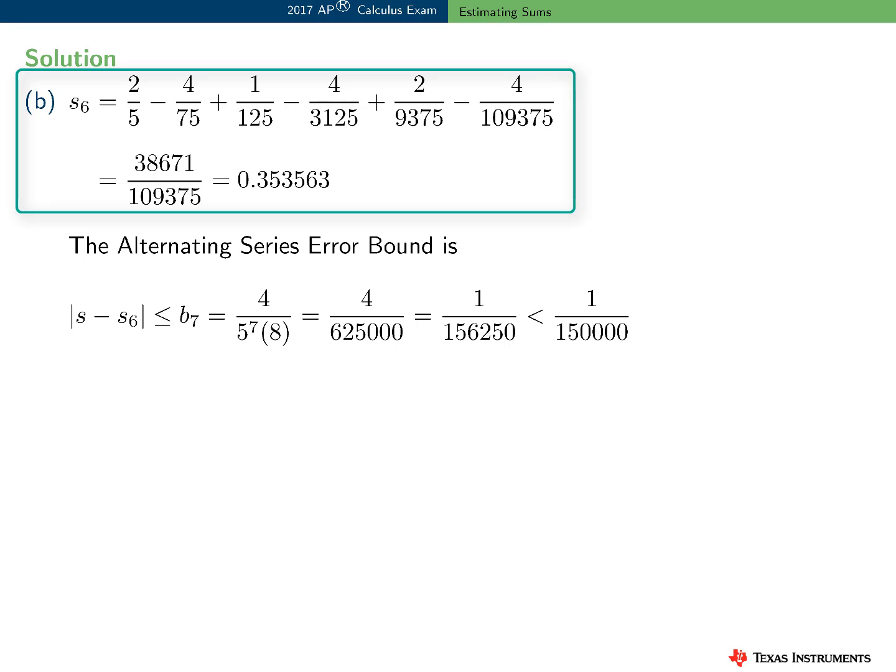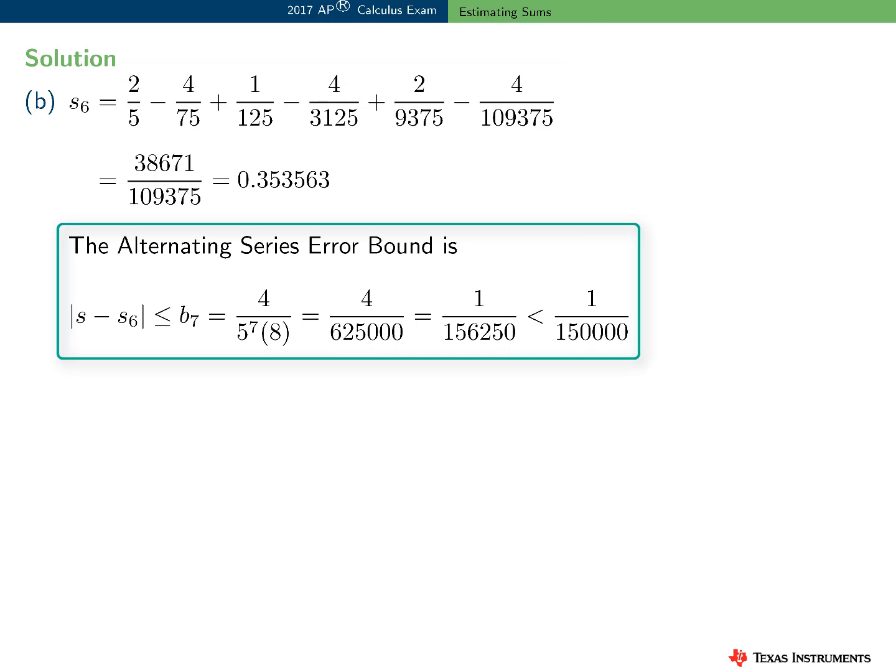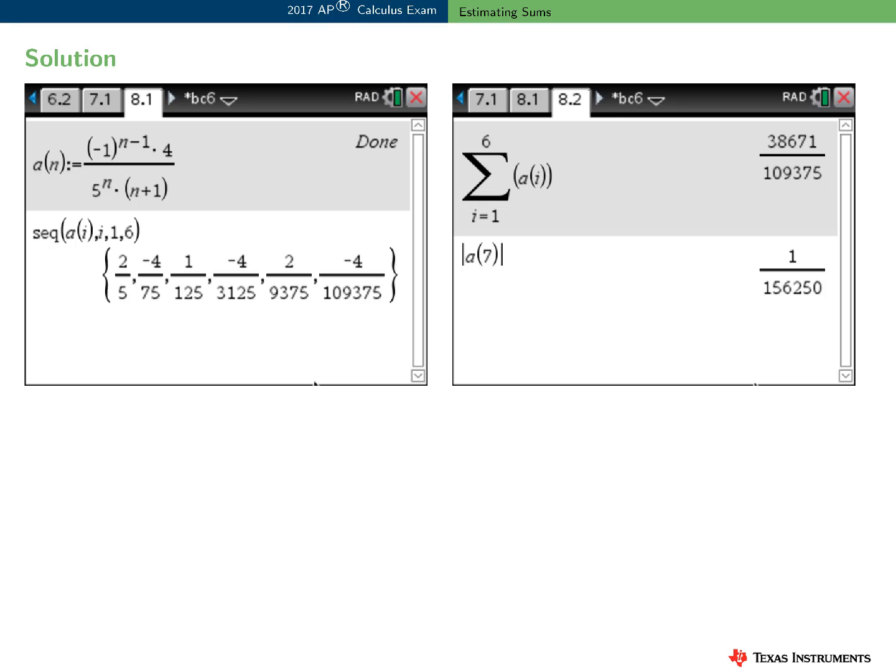Here's the analytical answer, which I found using technology, and here's the decimal approximation. The alternating series error bound for S sub 6 is the positive part of the 7th term in the series, or the absolute value of the first omitted term. Here are my calculations, which show this is less than 1 divided by 150,000.